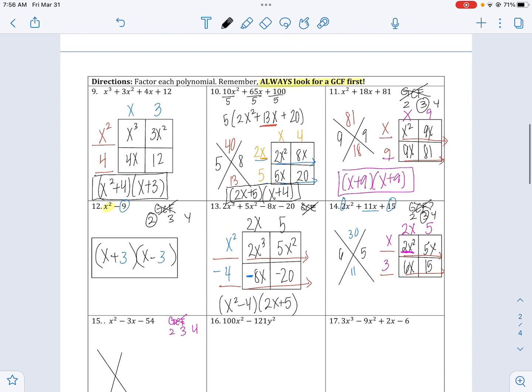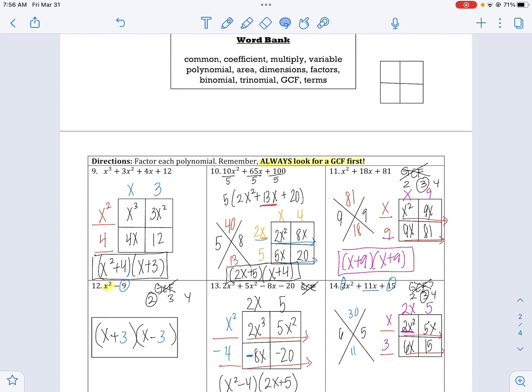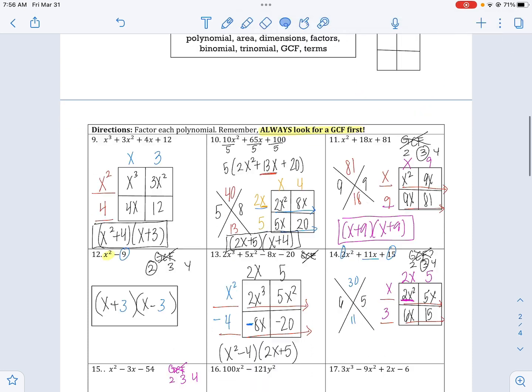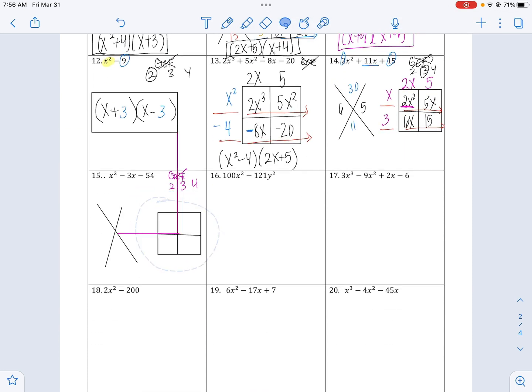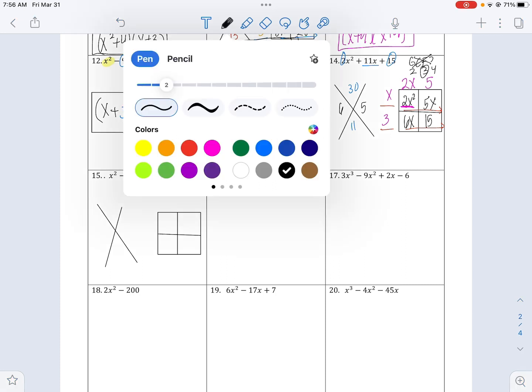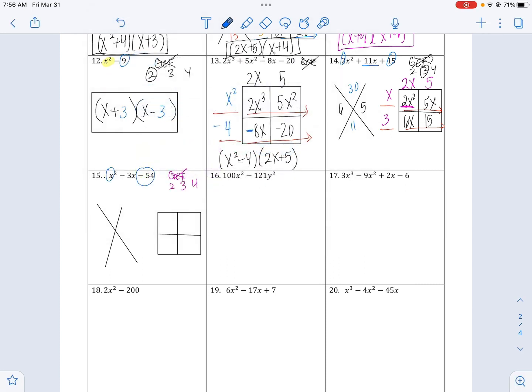And we create our box. And I'm just going to go ahead and copy, paste it over here. So we do 1 times negative 54 is negative 54. And then bring down your negative 3. We can go ahead and put our x squared term on our top left, negative 54, bottom right.